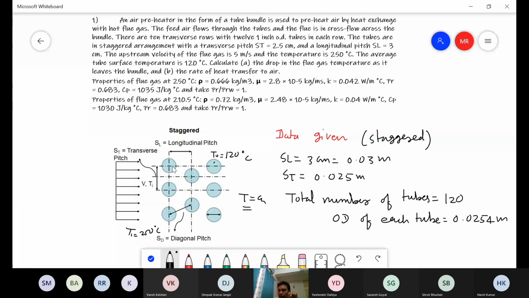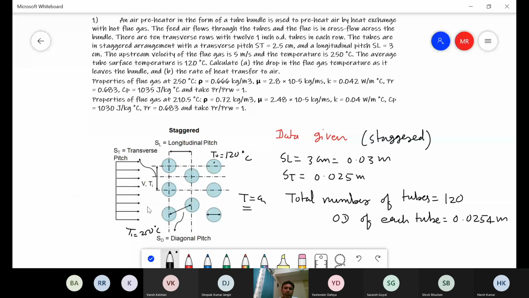So these are in the direction perpendicular to the screen, isn't it? And the flue gas is flowing horizontally across the bundle of these tubes. There are 120 total tubes. Each tube is 1 inch outer diameter, so that becomes 0.0254 meter, and transverse pitch and longitudinal pitch are given. The tubes are arranged in a staggered manner. That is what has been given.